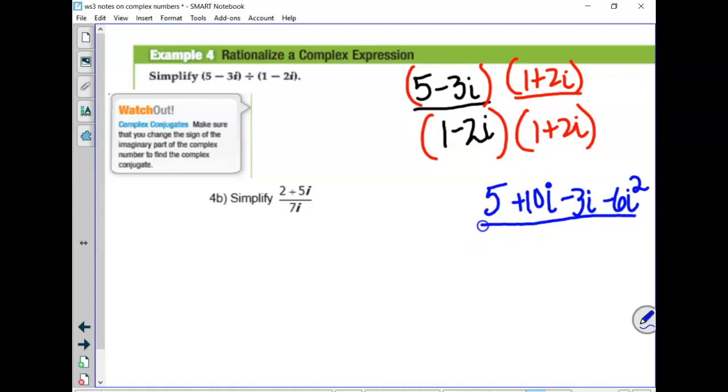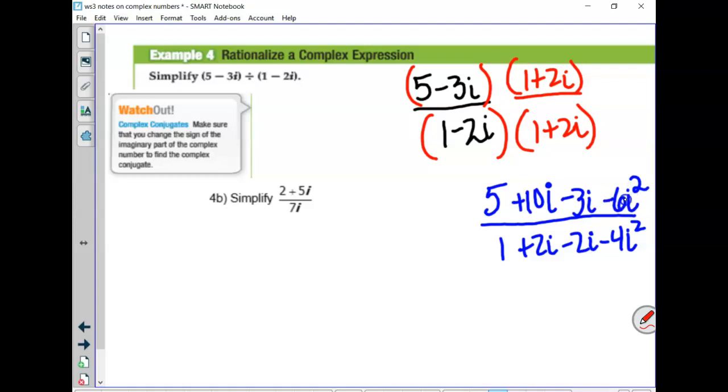Okay, the denominator, 1 times 1 is 1. 1 times 2i is plus 2i. Negative 2i times 1 is negative 2i. Negative 2i times positive 2i would be negative 4i squared. Do you want me to rewrite it replacing i squared with a negative 1, or do you get what happens?